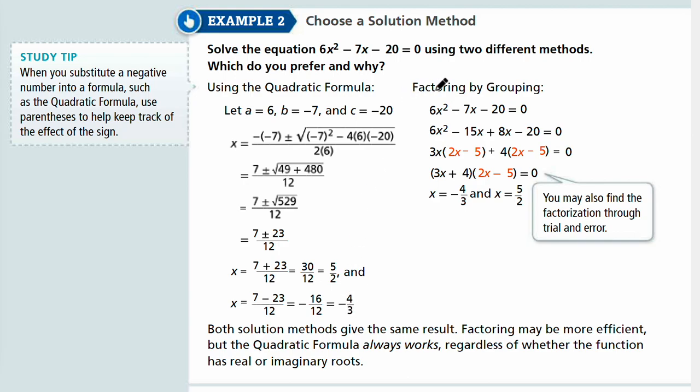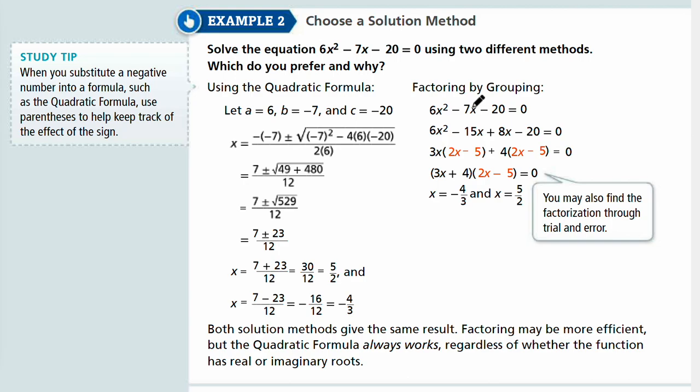Let's look at factoring by grouping, because this is something that you may need more explanation for. 6x squared minus 7x minus 20 equals 0. You can look at the coefficients and see if there are any numbers that may benefit from grouping together.